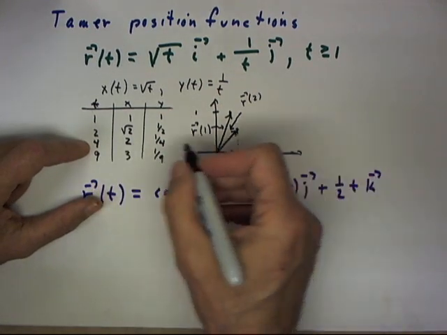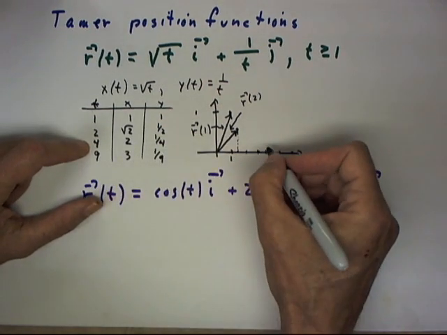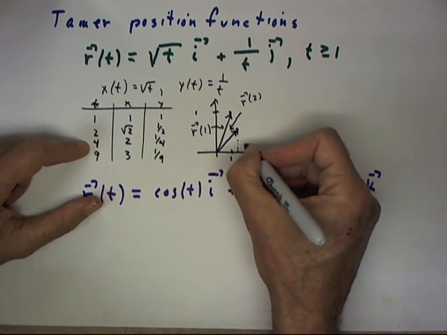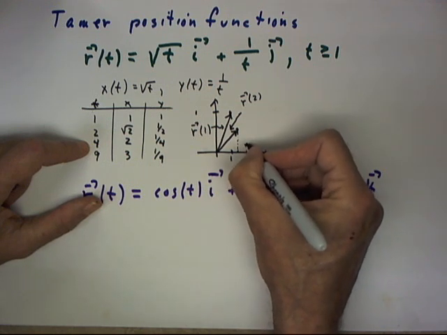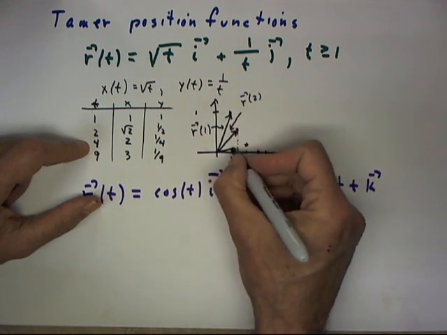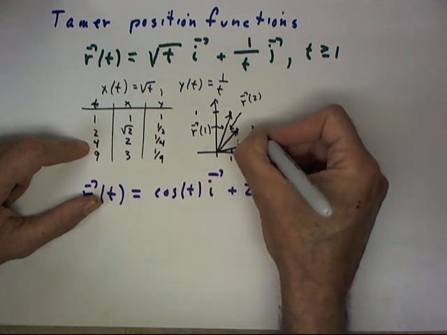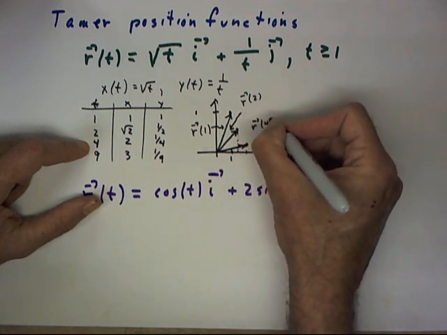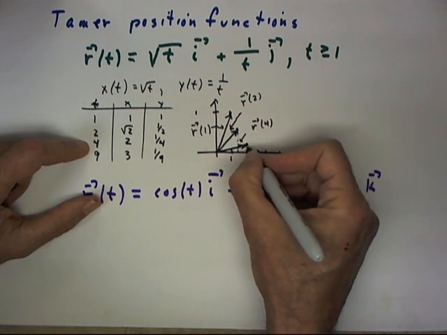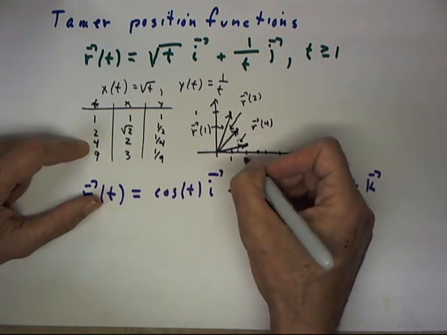For t equals 4, x equals 2, and y is 1/4. So that puts us here. And here's our vector r of 4 at the point x equals 2, y equals 1/4.